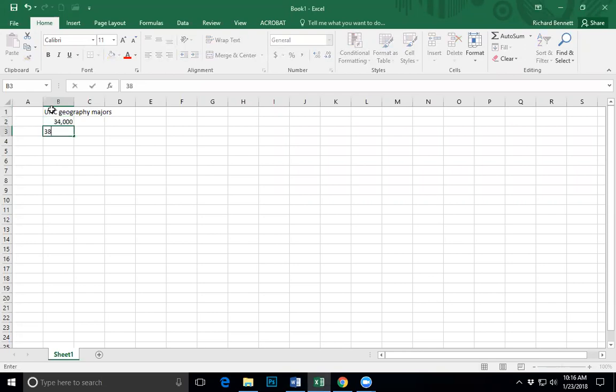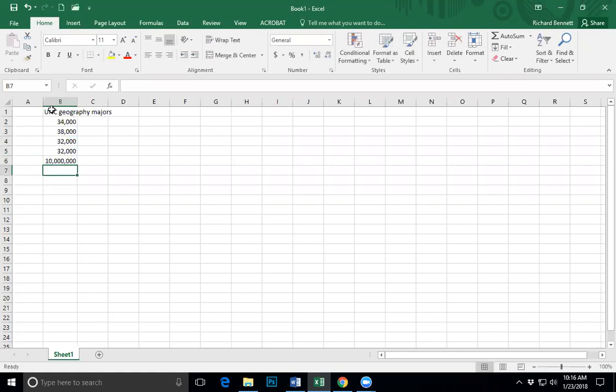The second one was $38,000. The third one was $32,000. The fourth one was $32,000. And the fifth one was a mere $10 million. And that's not a typo.